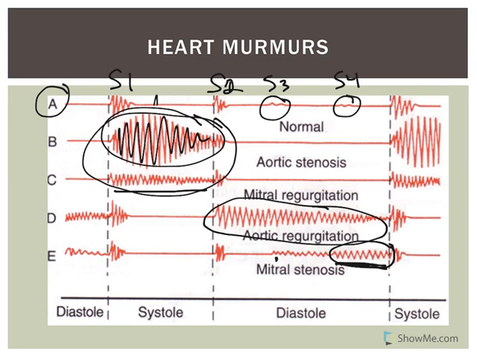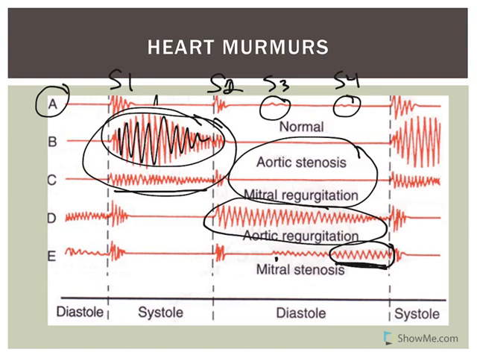Now, what will happen as a result of these valvular defects? Obviously we can pick these up using cardiac auscultation, and I would be hearing these first two between S1 and S2. Aortic stenosis is described as a loud to harsh sound.